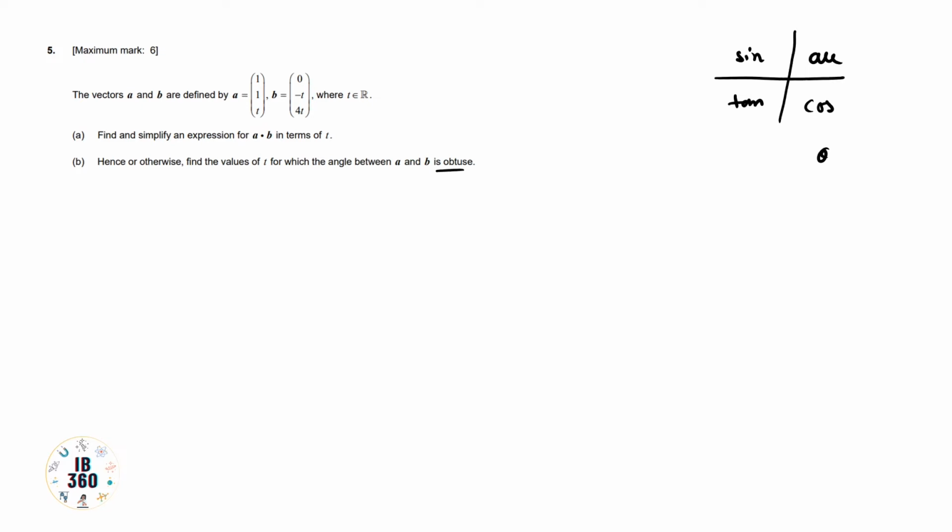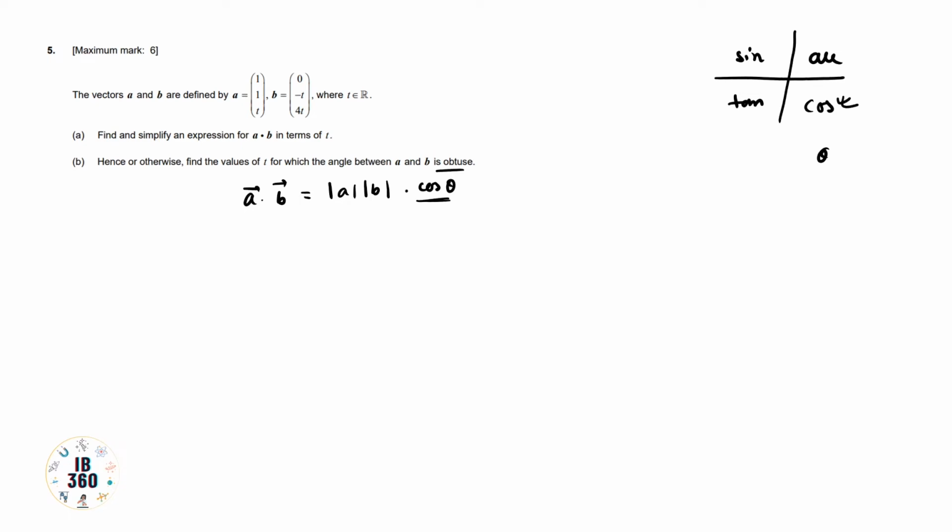Now we are concerned about the value of cos, because we know that A vector dot B vector is equal to mod of A times mod of B into cos theta. So we are concerned about the value of cos theta. So cos theta is in this fourth quadrant.